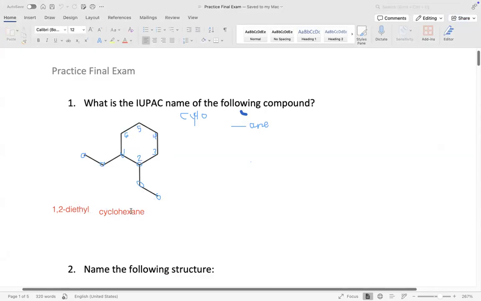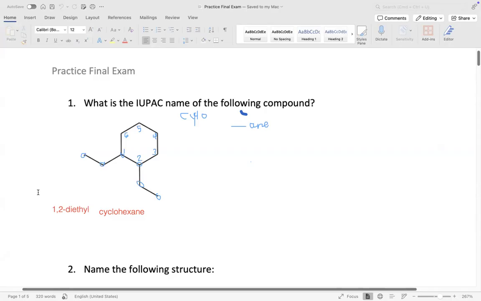All right, any questions? Professor, when you're doing a cyclo, the cyclo just goes before the number of carbons, right?